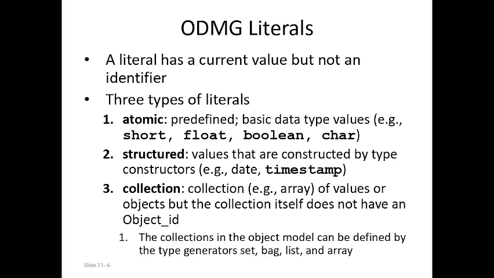Another collection type is a dictionary<K,V>, which is a collection of associations <K,V>, where K is a key associated with a value V. This can be used to create an index on a collection of values V.